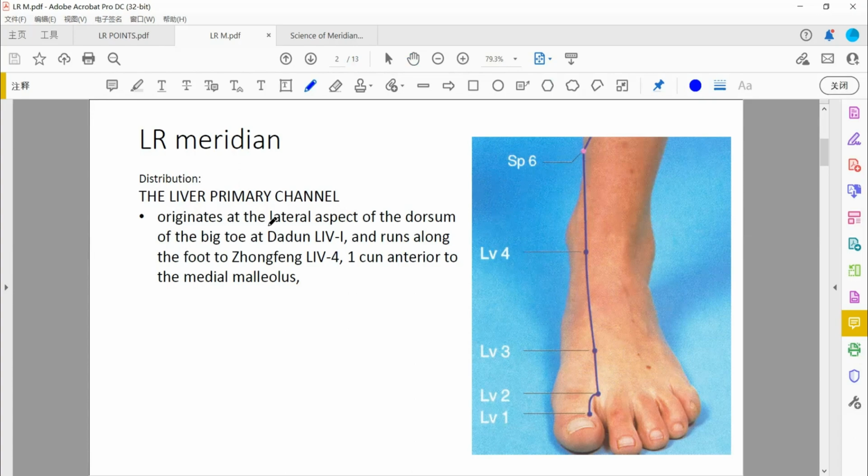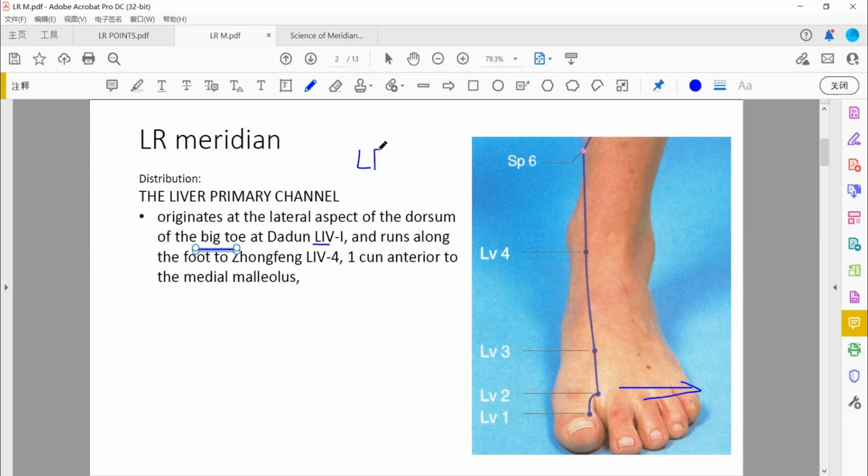Let's see the liver primary channel, the main meridian. It originates at the lateral aspect of the dorsum of the big toe at 大敦, liver 1. You can change it to LR.